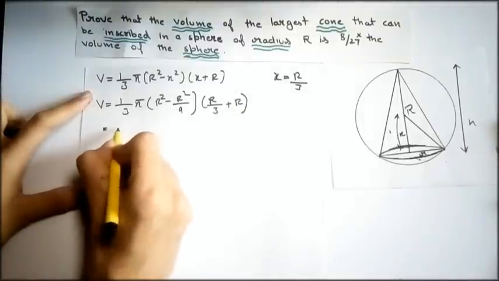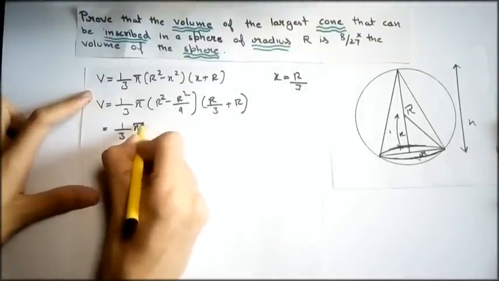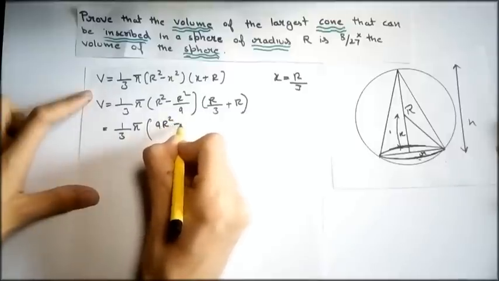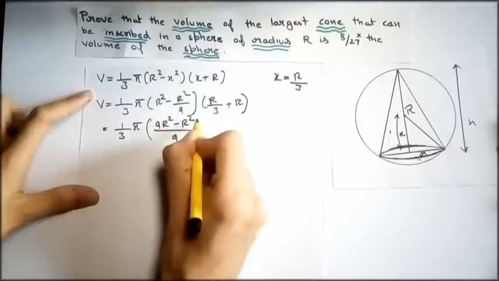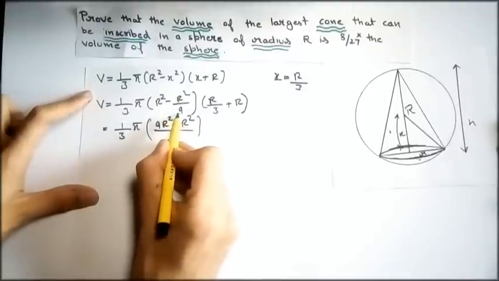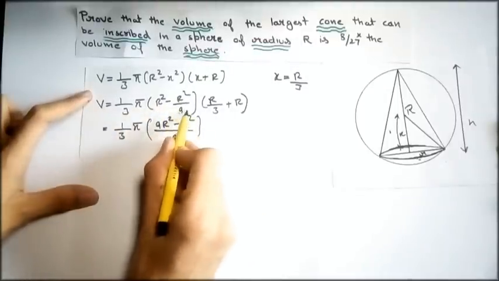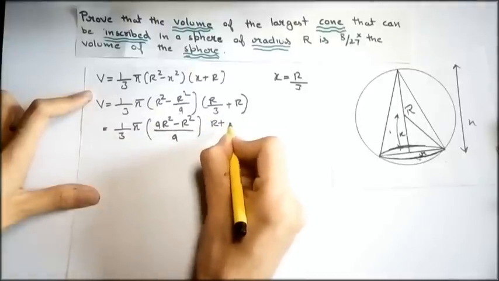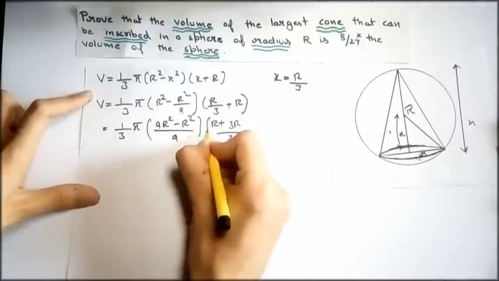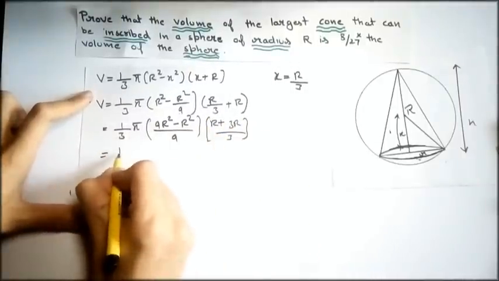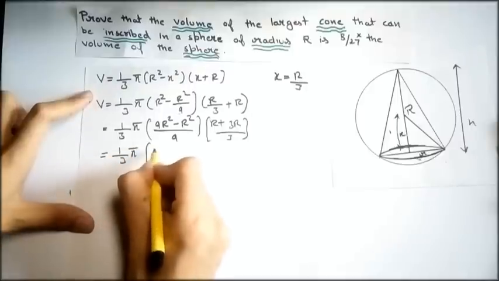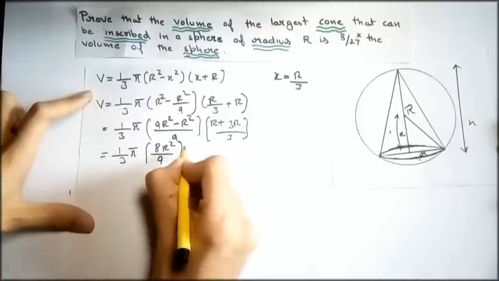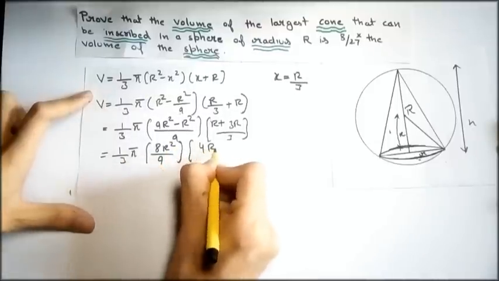After this, 1/3 pi times 9 r square minus r square by 9. I'm just taking the LCM, that is 9 r square minus r square over 9, and LCM of r plus r by 3, and after this 1/3 pi times 8 r square over 9 times 4r by 3.